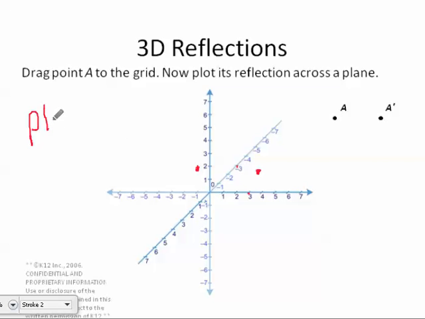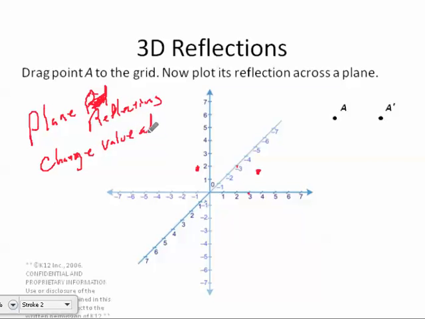Whatever plane you're reflecting across, you have to change the value of the other coordinate.